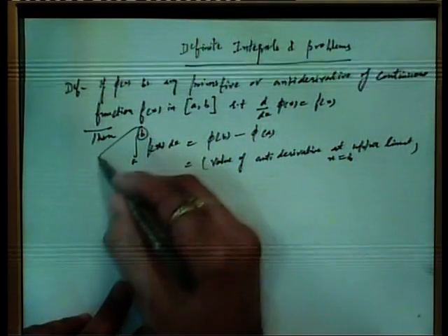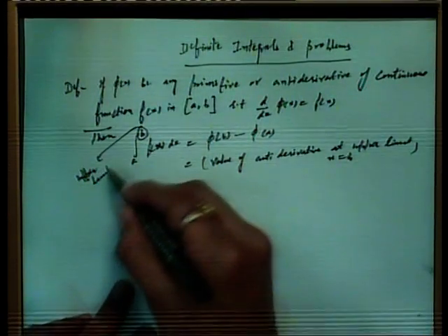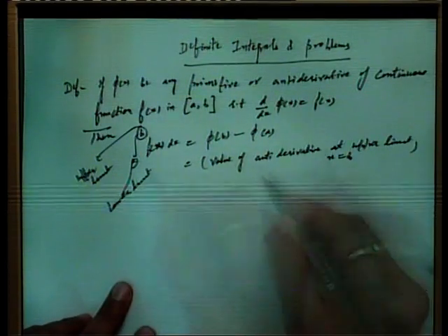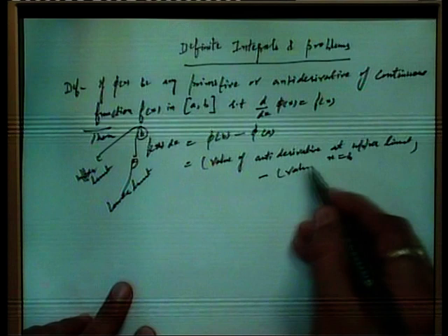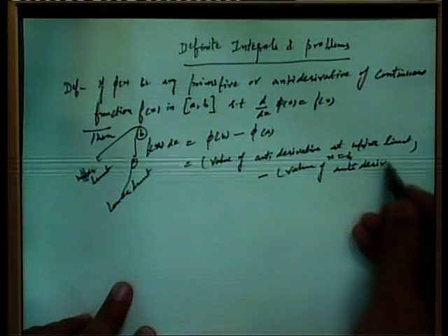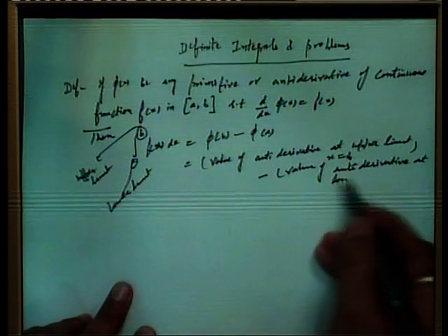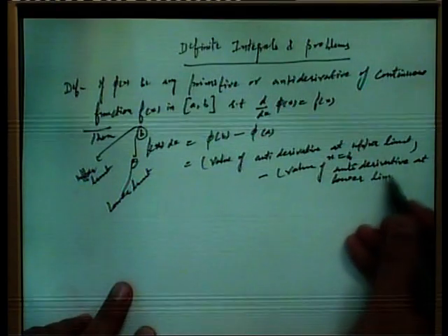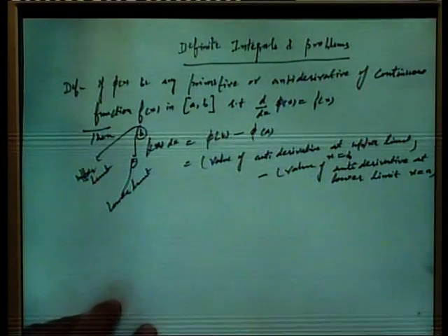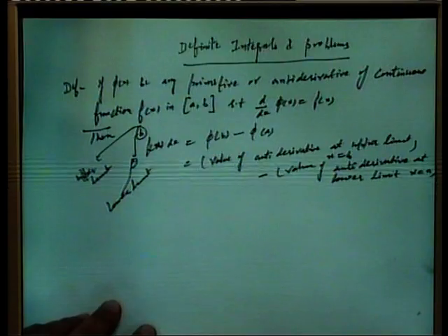This is your upper limit and this is your lower limit, minus value of antiderivative at lower limit x equal to a. This is the definition of definite integral.